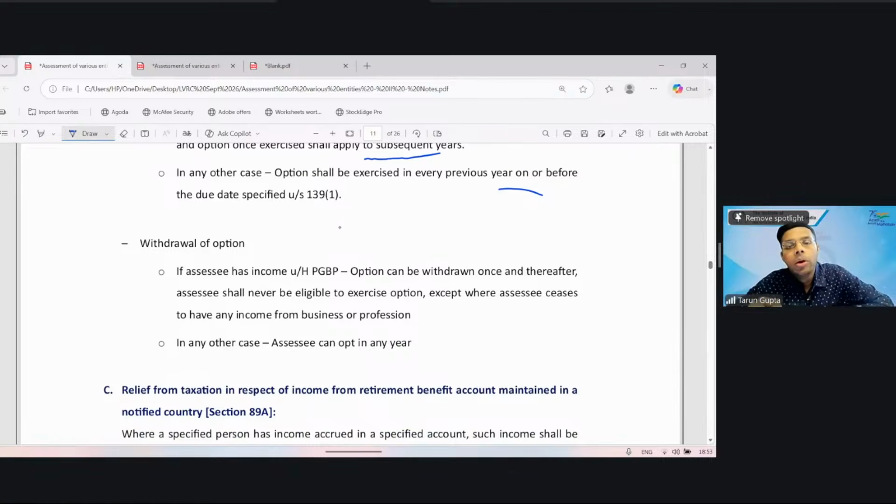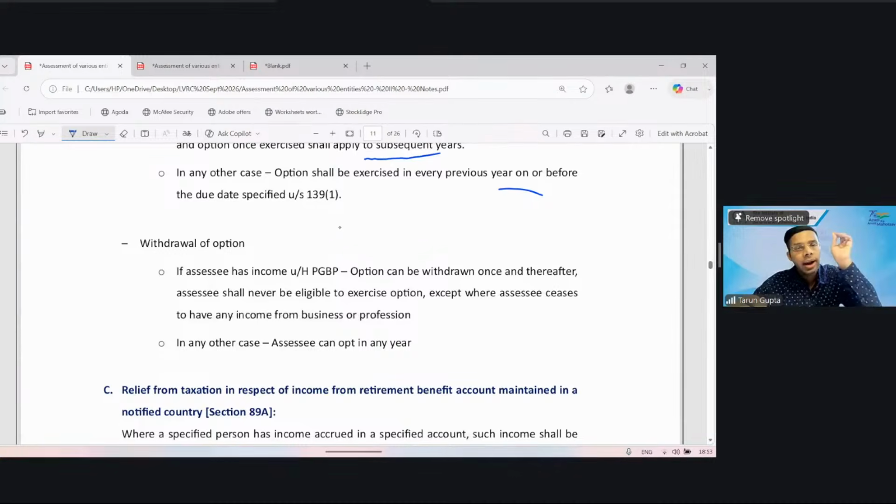Withdrawal of option. If you have income under PGBP, you can withdraw it once, but if you withdraw, then you cannot again opt out from the new regime. So in year 1, you choose the old regime. Then in year 2, you can come back to the new regime. But then in year 3, you cannot go back to the old regime.